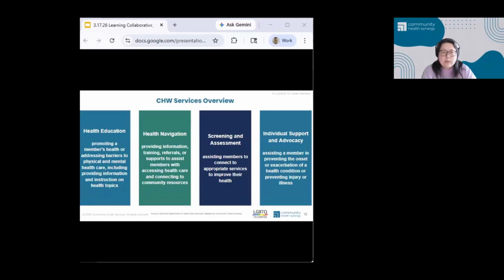Screening and assessment is conducting the non-clinical screenings and assessments. So again, the PHQ-9 that we used in that case study example would be an example of that. And then individual support or advocacy. So this is offering personalized peer support, encouragement, or advocacy to prevent or address health conditions, injury, or violence, and really to help members reach their health goals. So that could be accompanying a person to a medical visit.